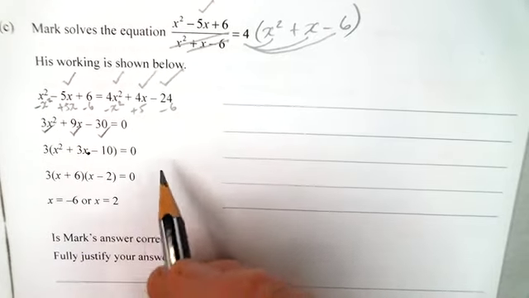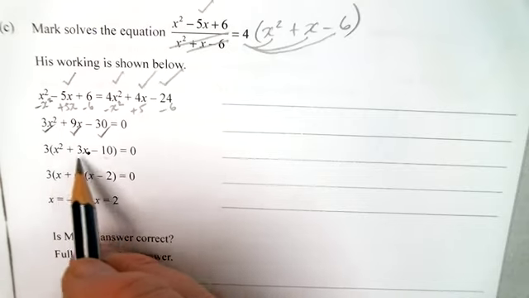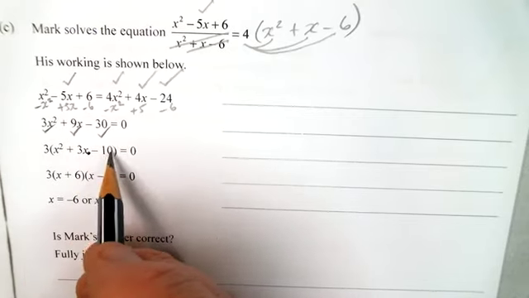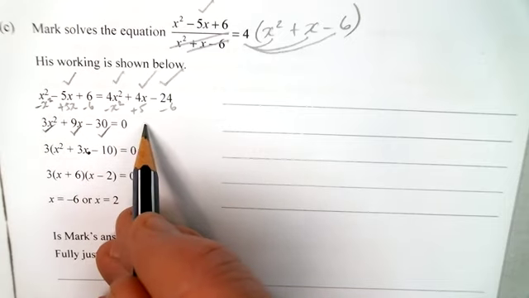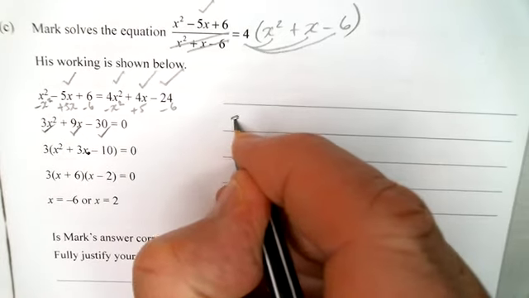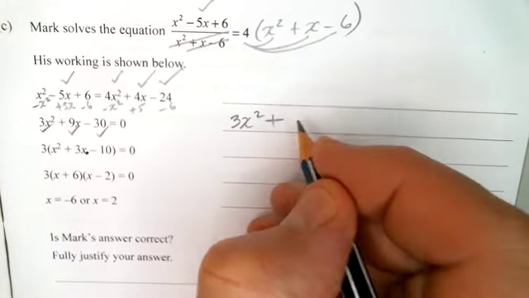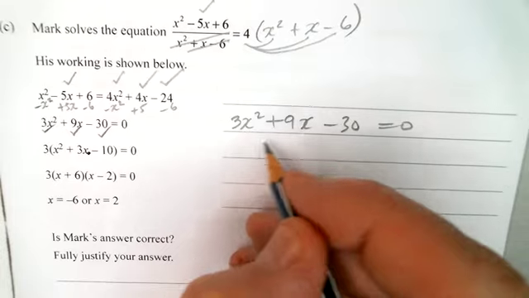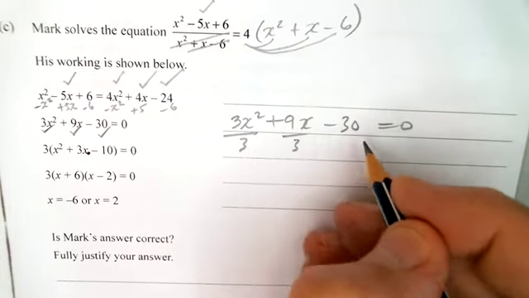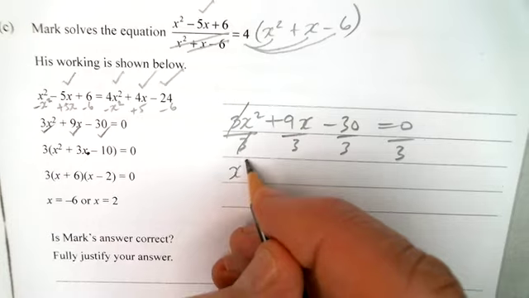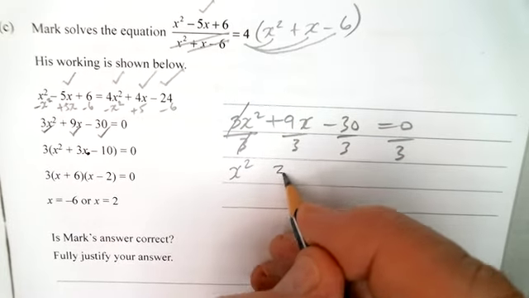Then what does he do? He goes ahead and does a bit of factorizing. He takes 3 out. By the way, I wouldn't actually bother taking 3 out. I would just divide everything by 3. In other words, I've got 3x squared plus 9x minus 30 is equal to 0. I would divide this by 3, this by 3, this by 3, and this by 3. 3 divided by 3 leaves me with an x squared. 9 divided by 3 leaves me with a 3x.